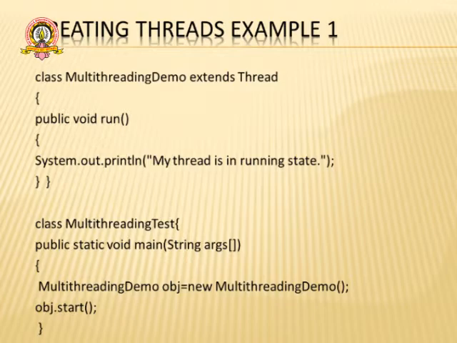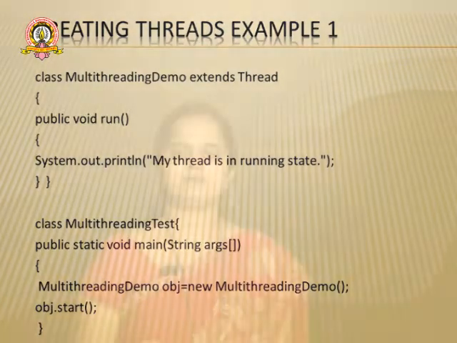As I said, the start method is something like a key or a switch to the run method. Once I invoke the start method, automatically the run method executes, and the task that I want to do, written in the run method, gets executed. So this is one method, where we extend the Thread class.